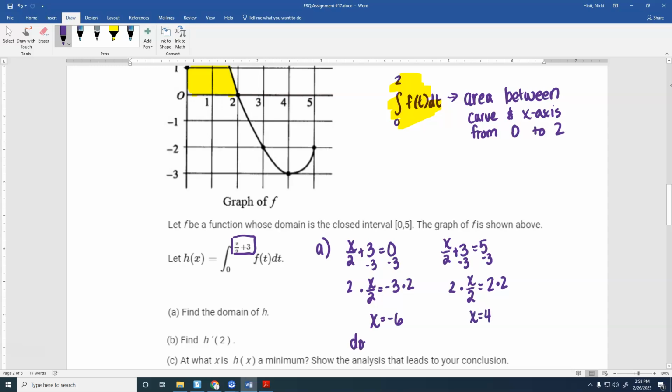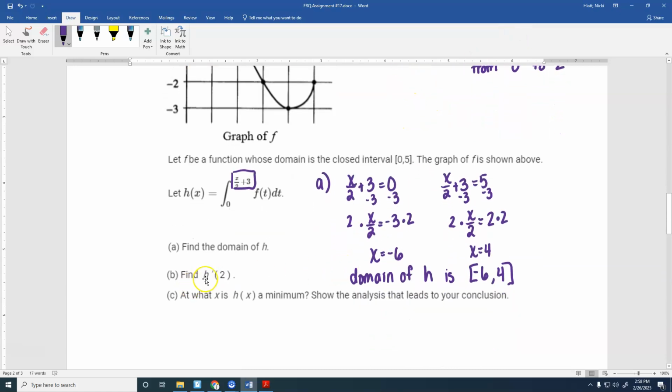So our domain of h is from -6 to +4. Okay, questions? Okay.